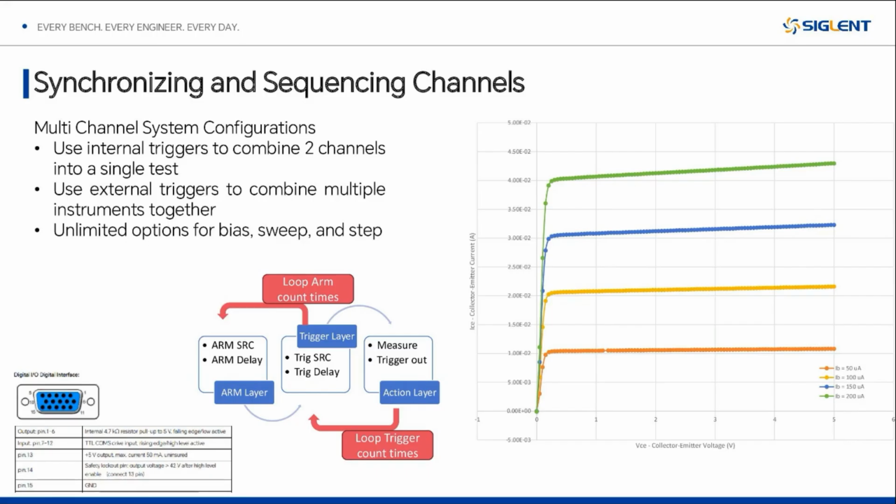Being able to do that all within one box with two channels, while stepping the current. You can combine pulsing, you can combine sweeping, and you can trigger and automate these all together using a combination of internal and external triggers to really get both speed and accuracy out of multi-channel devices, whether it's a transistor or a more complicated setup with multiple channels and very low voltage or low current needs.